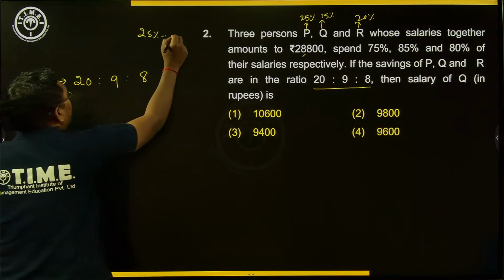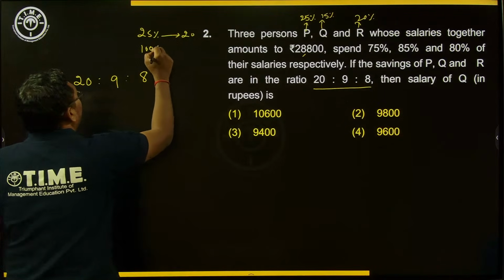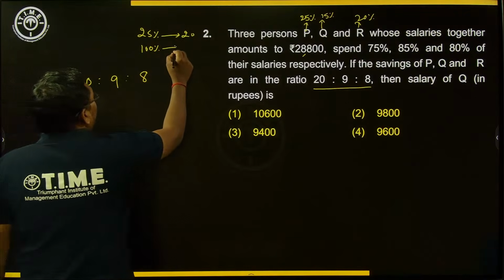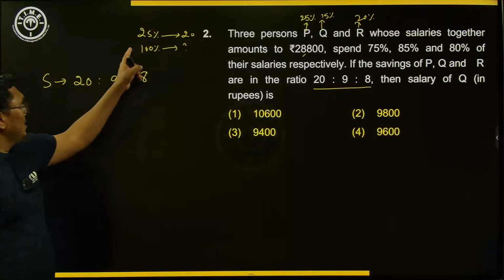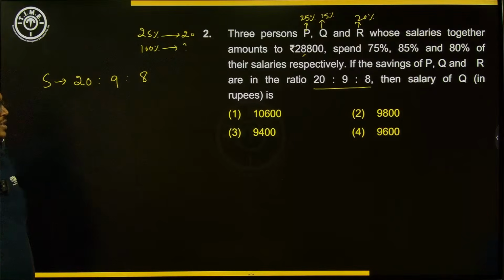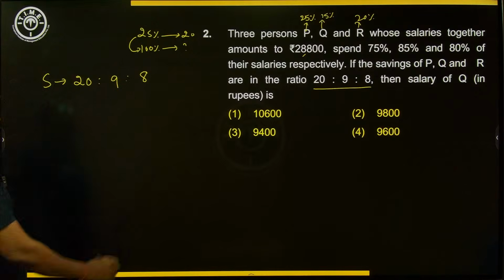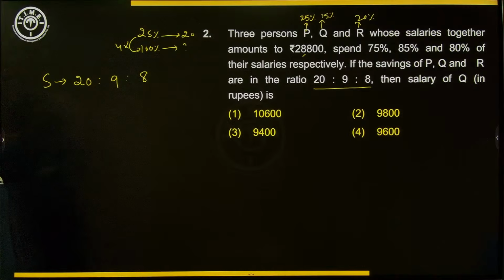So 25% is 20. What is the salary of P? That is 100% is how much? If you cross multiply, we will get the 100% value. Instead of doing like that, just multiply with 4. So 25 into 4, that is 100%.